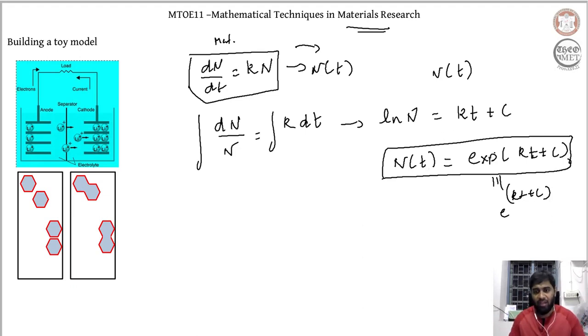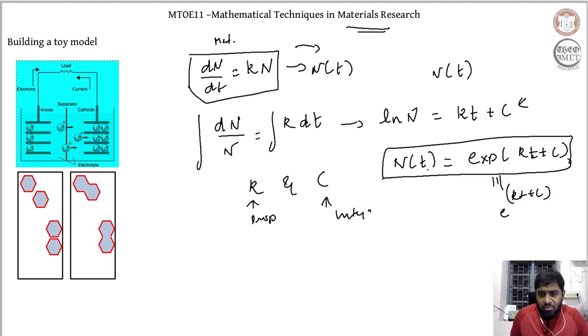One term is the proportionality constant K, and the other is the integral constant C. The proportionality constant comes from our proportionality relation, and the integral constant comes from our integration. We don't have much idea about what these two are, but there is a possibility of simplifying this.